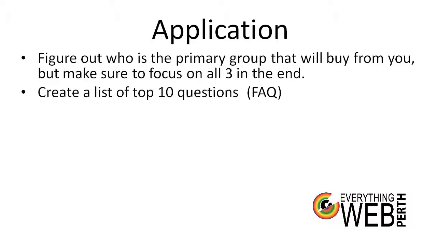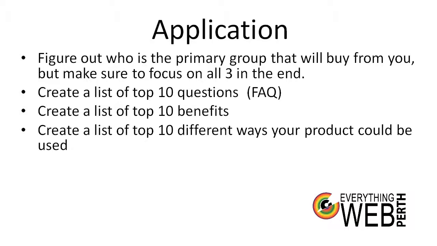Then create a list of the top 10 questions like an FAQ, a top 10 list of benefits, and a list of the top 10 different ways your product could be used. As you can see, you've got different groups within this strategy itself.